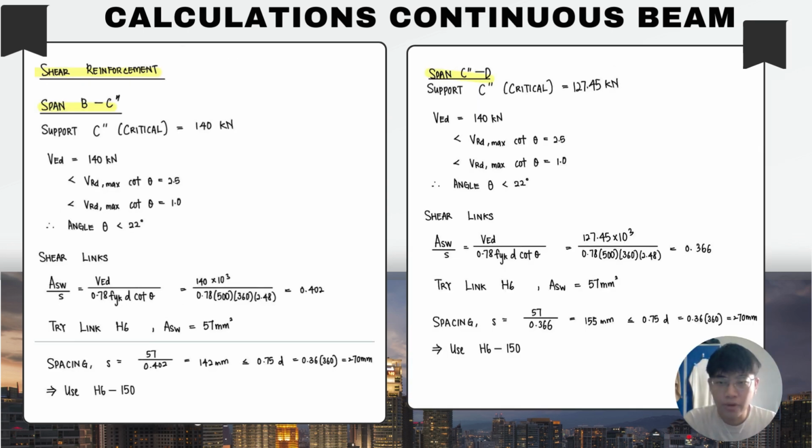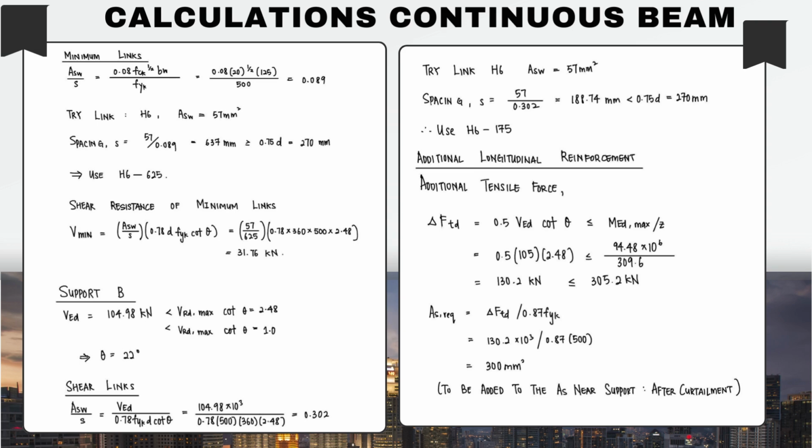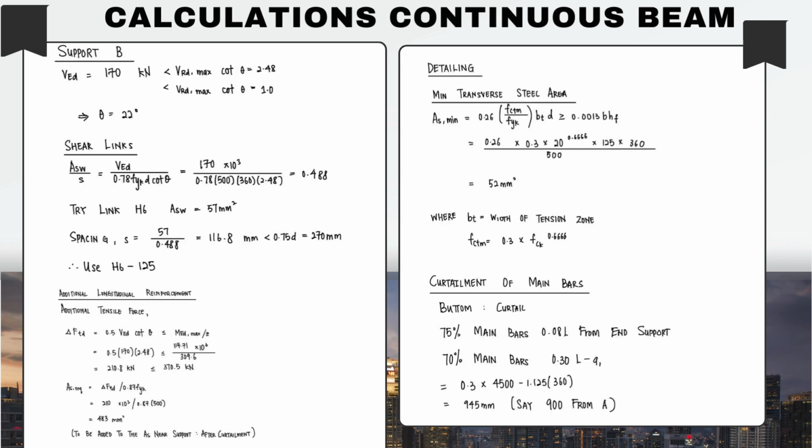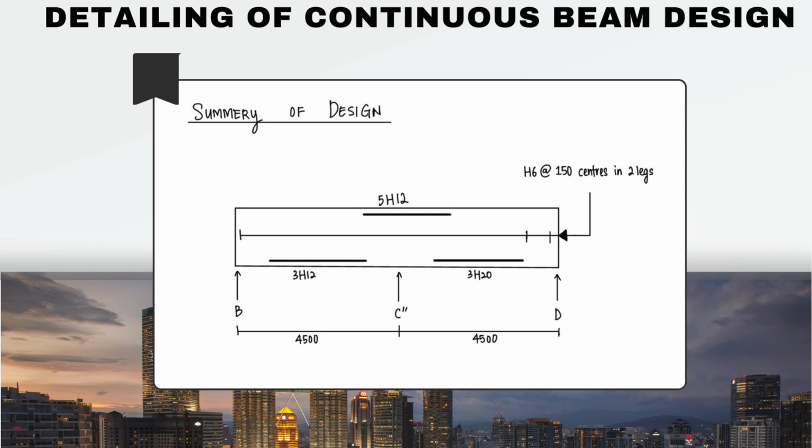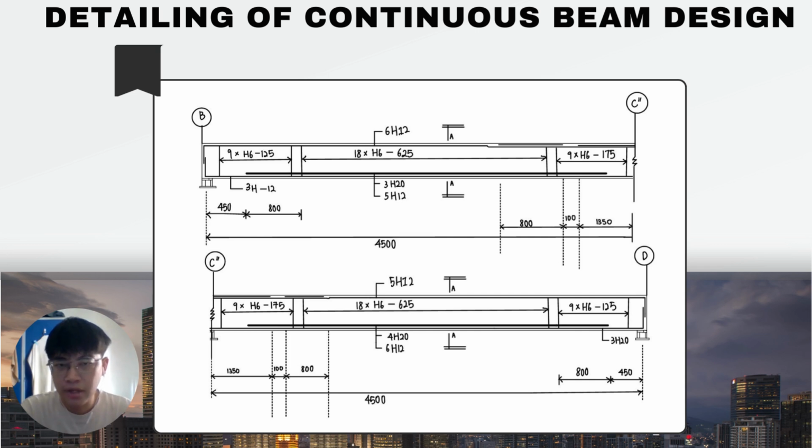For both spans we use the same size reinforcement, which is H6 at 1050. This is the detailing for the continuous beam design.